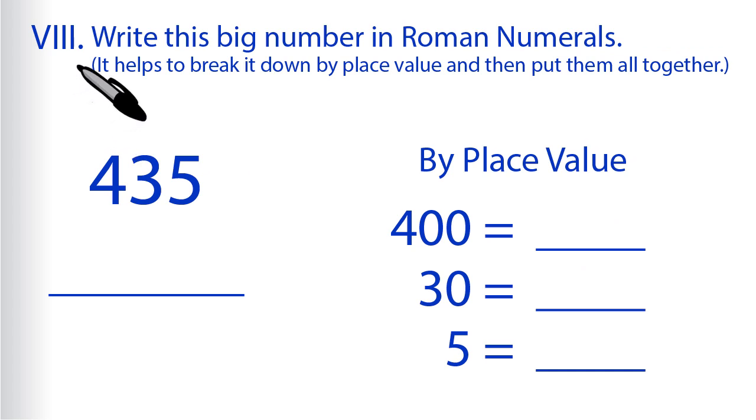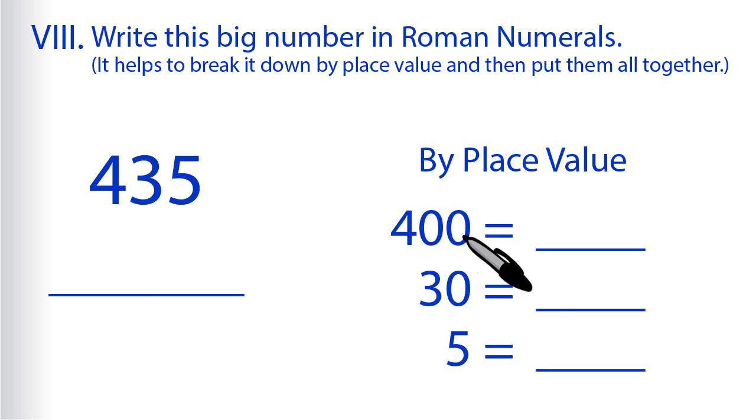For problem VIII, we're supposed to write this big number in Roman numerals. And we're given the note, it helps to break it down by place value and then put them all together. So the big number we're given is 435. And then we're going to figure out the Roman numerals for each of the place value amounts, and then we're going to combine them all together.